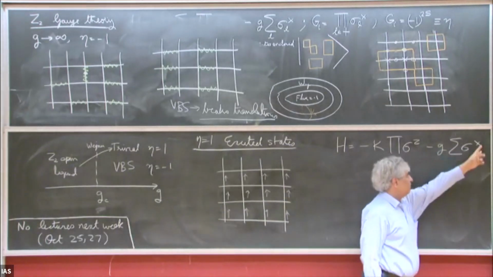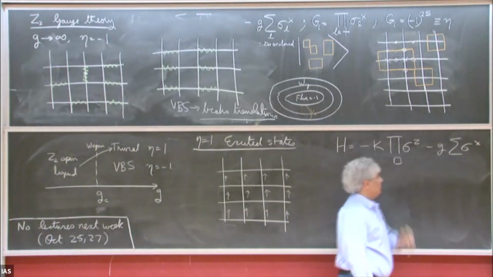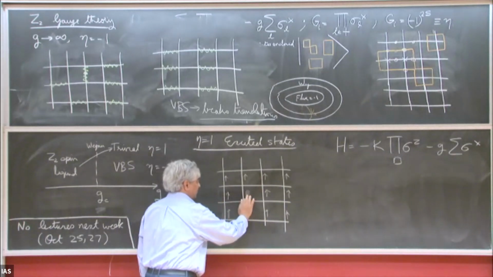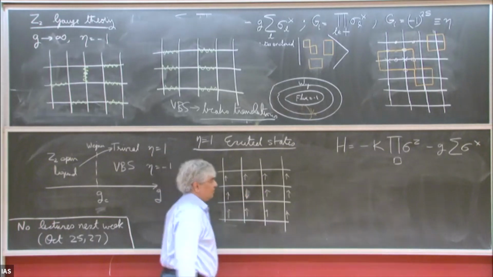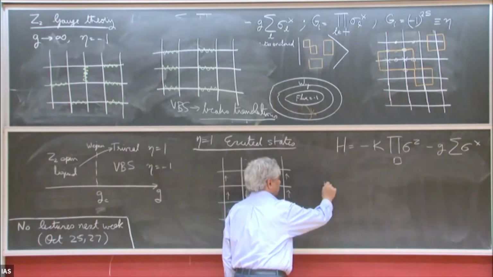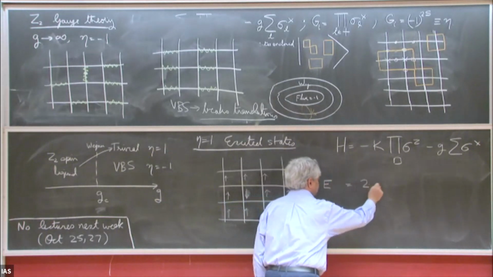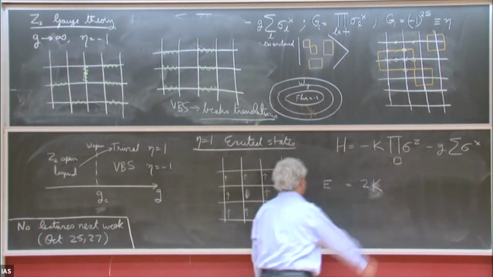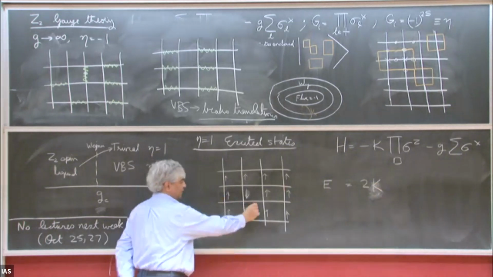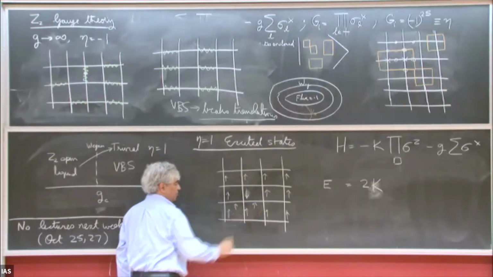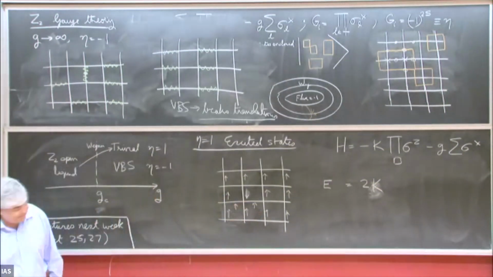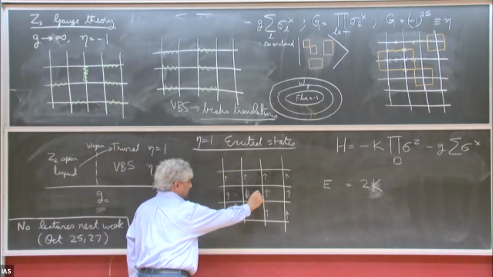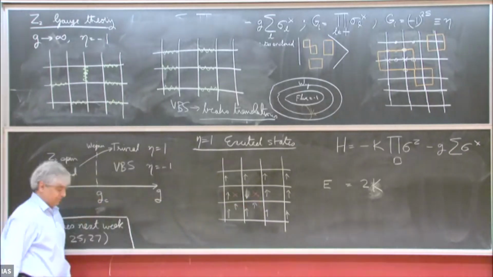So now I come in and flip one of the spins with this to get an excited state. I'm going to make one of them down. And that's going to cost me energy 2g. No, sorry, 2k. Why is that? Because I have two plaquettes now, I have this plaquette here and this plaquette here that have flux minus 1.